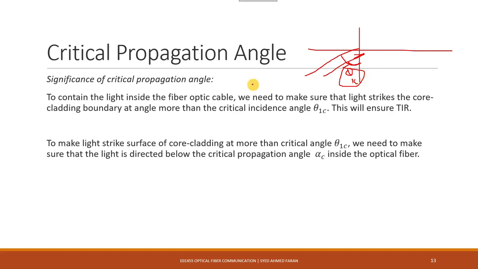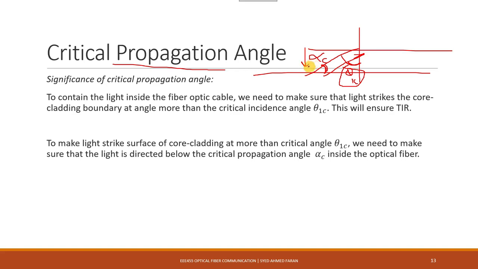Now that we have also discussed the critical propagation angle, I can extend this definition. If this ray of light makes an angle with this imaginary line in the center of this cable, and I call this angle the propagation angle, then I need to make sure that the angle my ray of light makes with this center line is always less than the critical propagation angle.